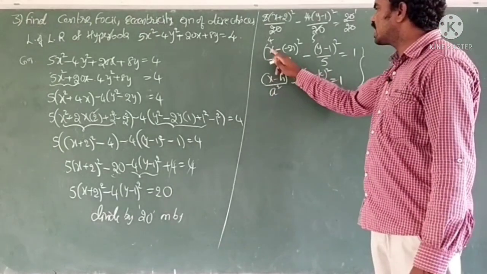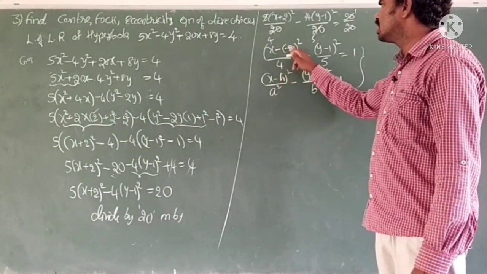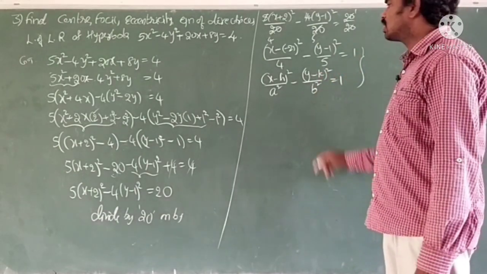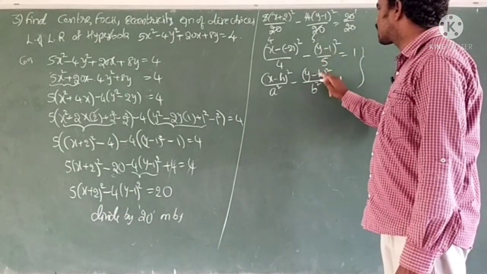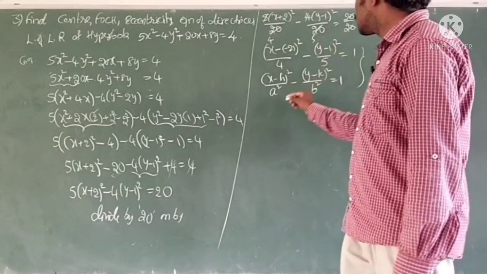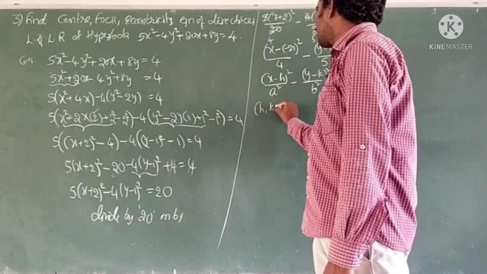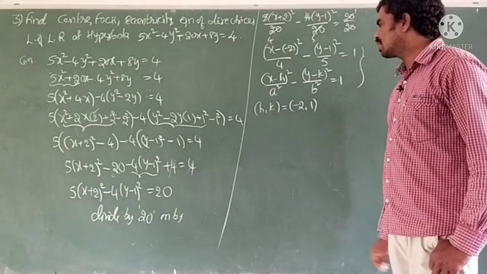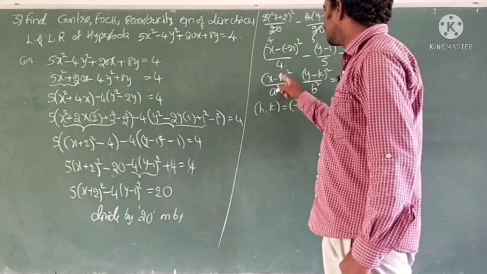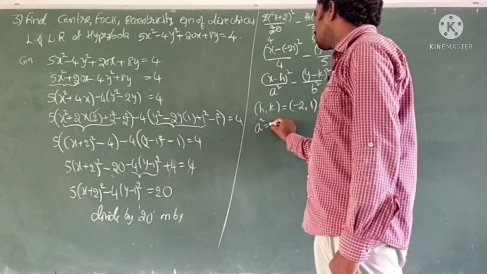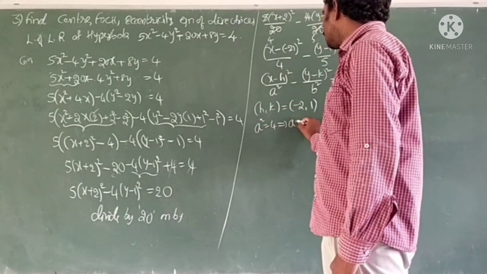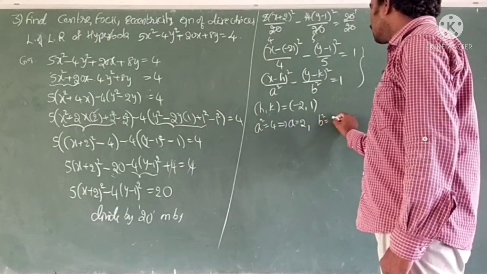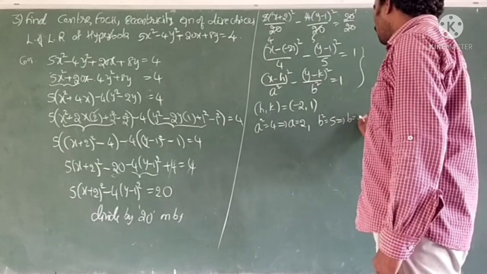Here x means x, minus means minus, h means minus 2. Similarly k means plus 1, because y means y, minus means minus, k means 1. So by comparing these two, h comma k is minus 2 comma 1. Here be careful in writing h comma k. A square is 4, that means a is 2. Next b square is 5, that means b is root 5.